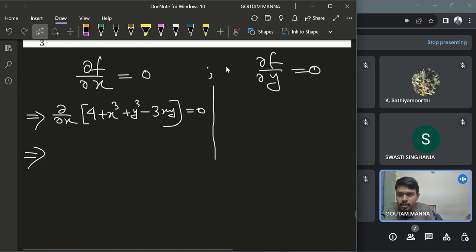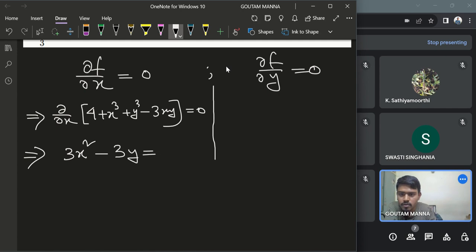Now the first term will be 0, plus 3x square from x cube with respect to x. Then y cube with respect to x is 0, as it's a partial derivative, and then the last term is minus 3y, equal to 0, which gives basically y equals x square.